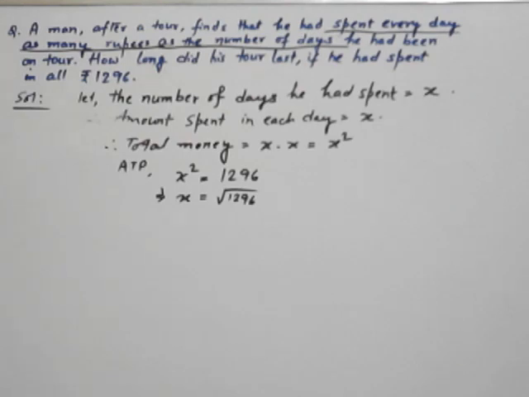Now find the square root of 1296. So we find the square root of 1296 using the prime factorization method.